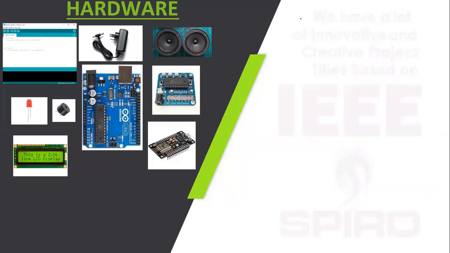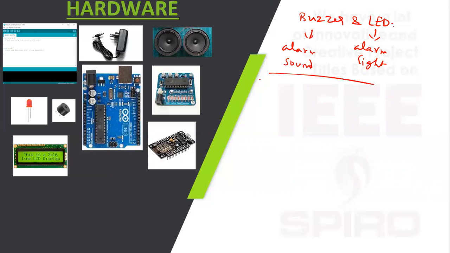And buzzer and LED: the LED is for the alarm light, and the buzzer is for the alarm sound. And we use the APR module, which is a voice record and play module.